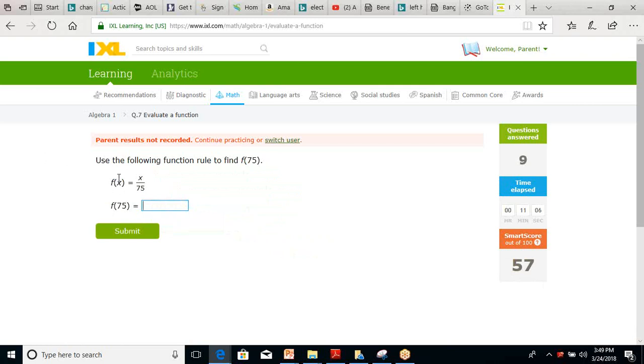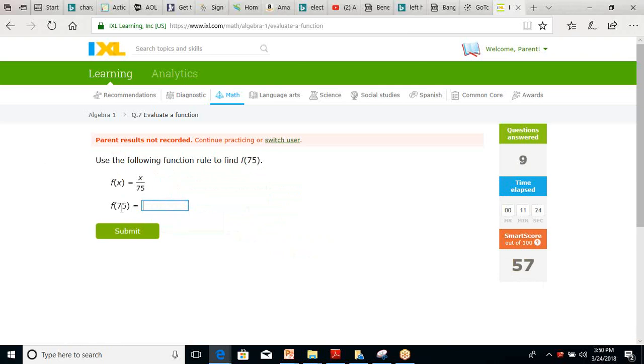Okay, this is on the y-axis, equal to x over 75. They say use the following function rule to find f(75).